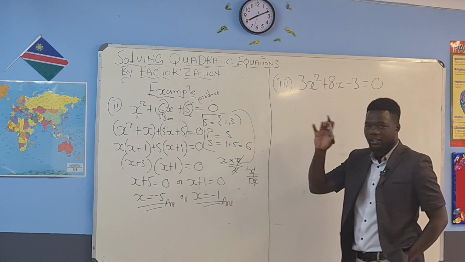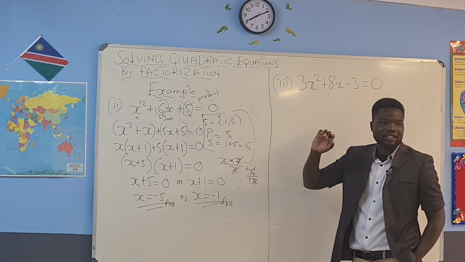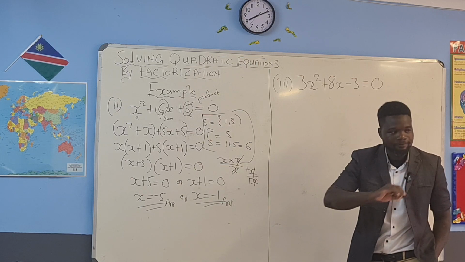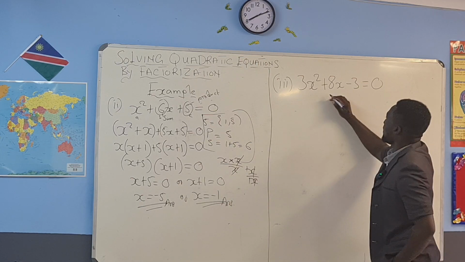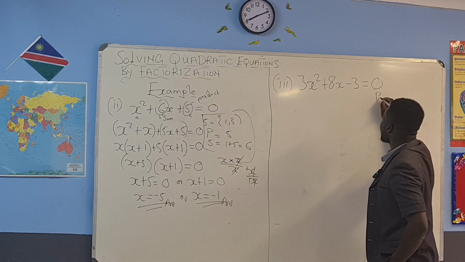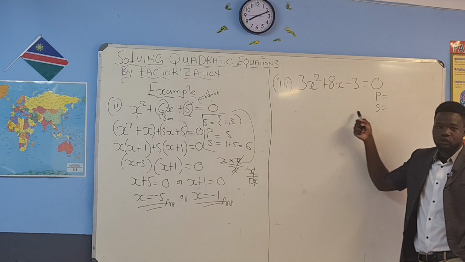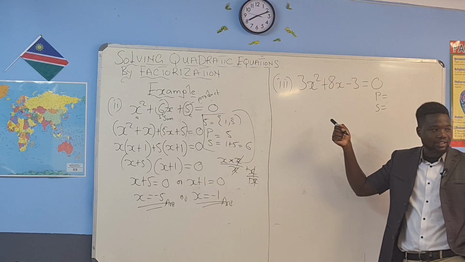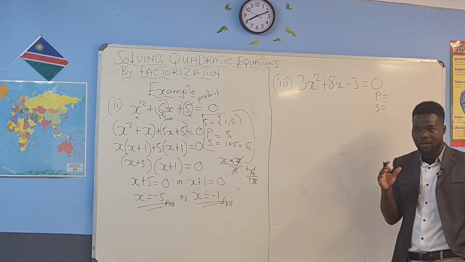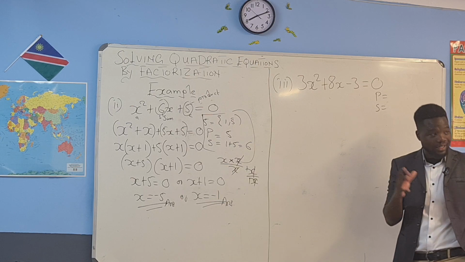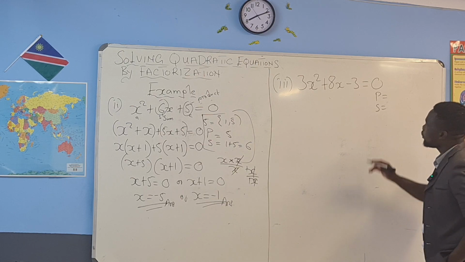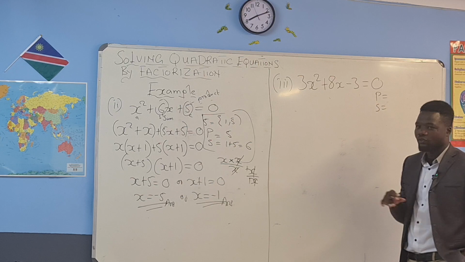Remember, the first thing you're supposed to do is to find the product and the sum. Are we together? So how do you find the product in such a situation?